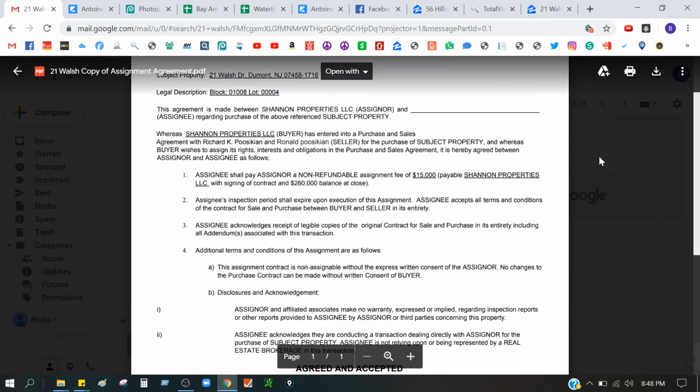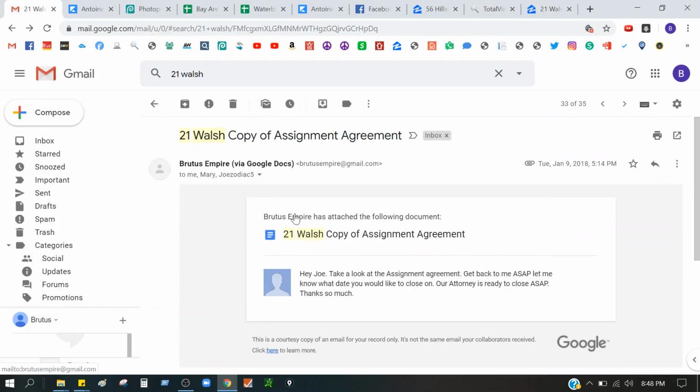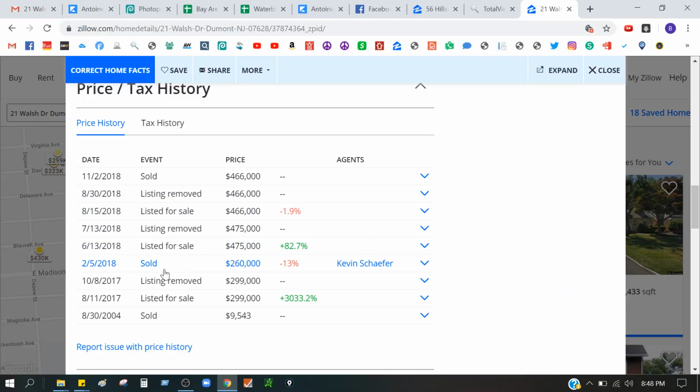And that email was sent out January 9th, at 5:14 p.m., Tuesday, January 9th. And then you can see on the thing there, on February 5th, it closed.